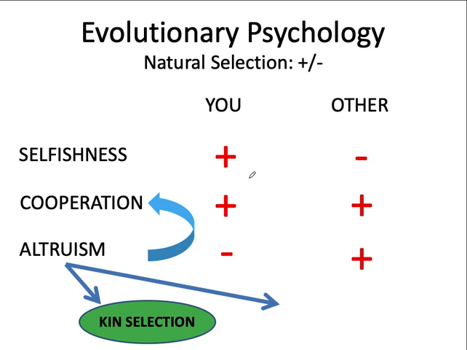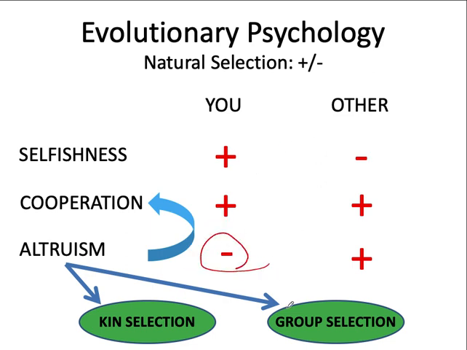And I'll talk about how this works in just a moment. The other mechanism to explain altruism is something called group selection. Group selection is natural selection in favor of behavior by individuals that may decrease their chance of survival. Right? Again, there's a negative consequence to you, but increases the chance of survival of their group, which in this case would be made up of non-kin.